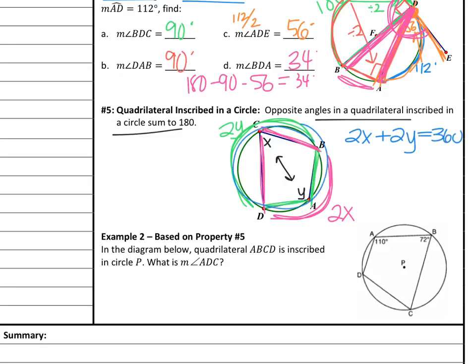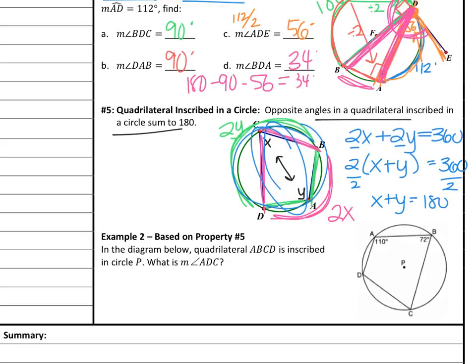Full circle. And so really this is like 2 times X plus Y, because there's a 2 in common with both of them. If I want to know what just X and Y make in total, I can divide by 2. So this gives me X plus Y equals 180.